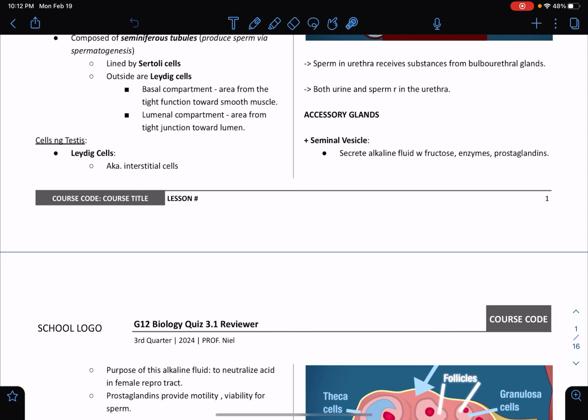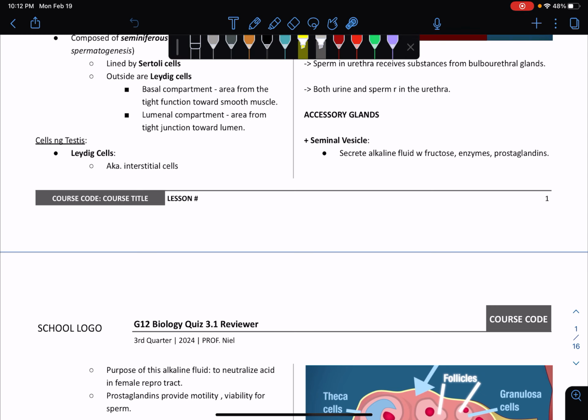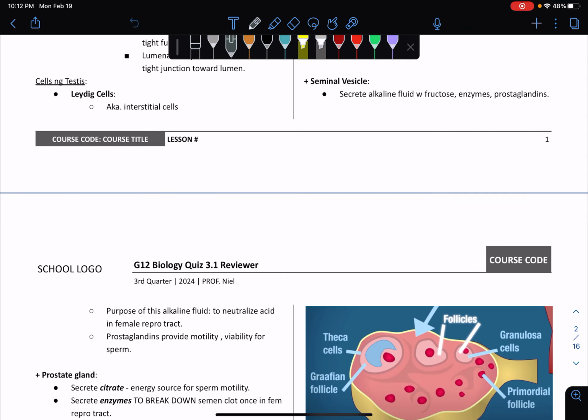We are currently with seminal vesicles. So yeah, the purpose of the fluid that's secreted by the seminal vesicle is to neutralize the acid in the female reproductive tract.